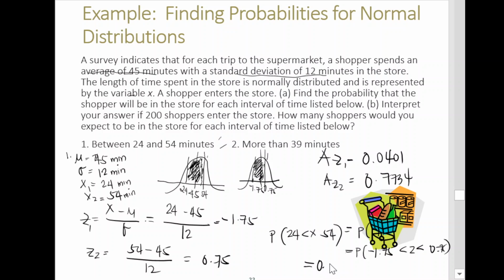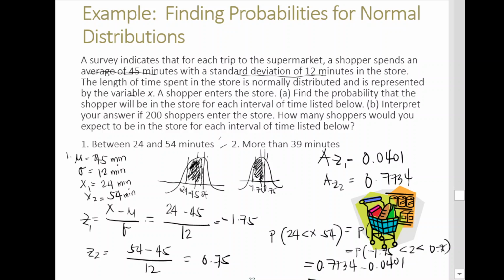Okay, so 0.7734 minus 0.0401. So, huwag kayong mag-worry kasi ma-realize nyo naman na mali kasi mag-negative yung area. And sabi ko nga sa inyo, wala namang negative na area in the normal curve.